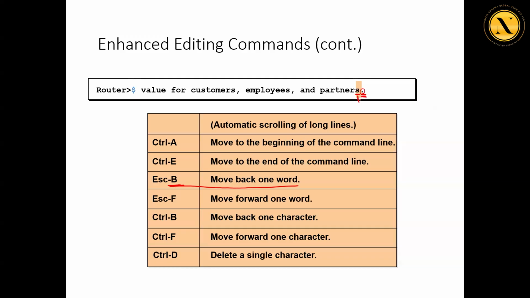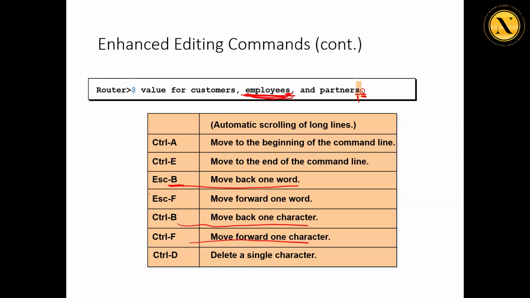It will come now below the dot. So Control B or F moves back or forward just one character. But Escape, I have to stretch my hand more. So if my cursor is here, it will go completely back one word or one word forward, at the beginning or end.